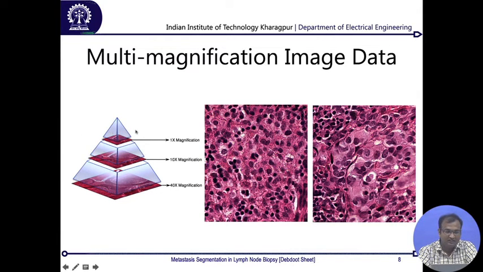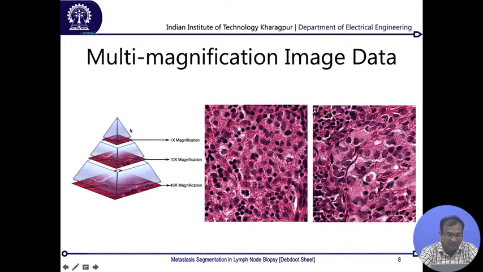So initially images are acquired at 1x magnification with a rough scan, so that will give you more or less the overall architecture of the tissues present, and then as you keep on increasing the objective magnification, as we had seen in the week 1 lecture on microscopy, you get much more detail about, say, the whole cell, and then eventually the nuclear cytoplasmic border, and then internuclear content.